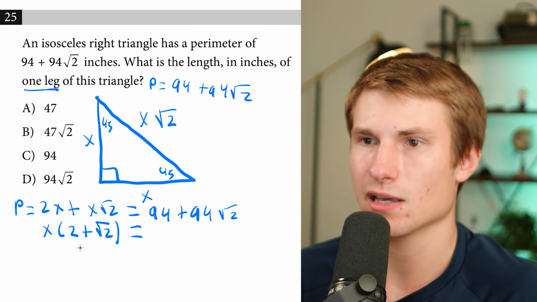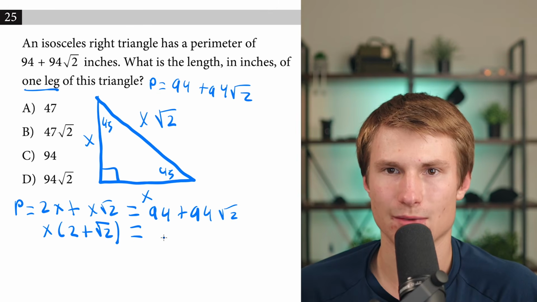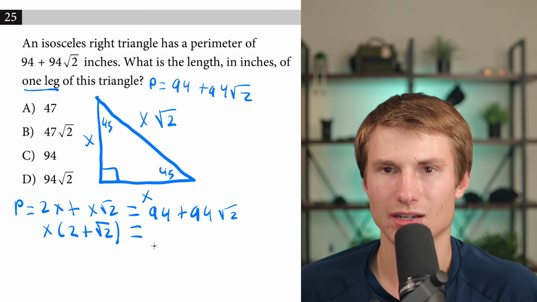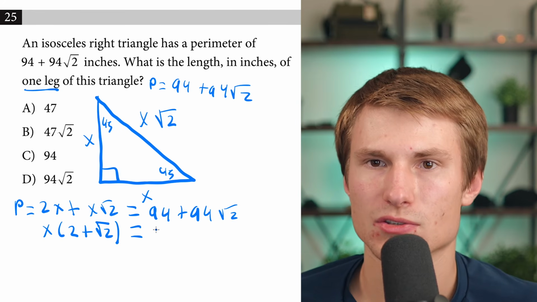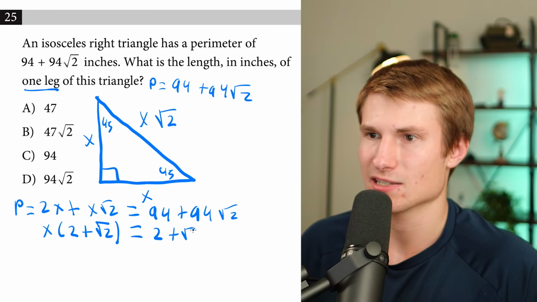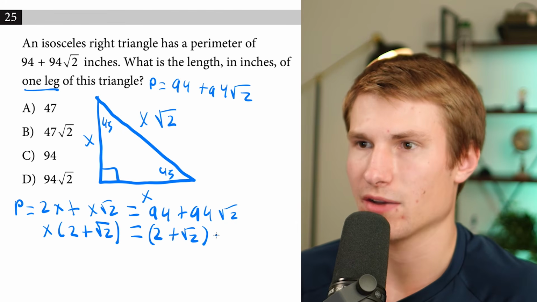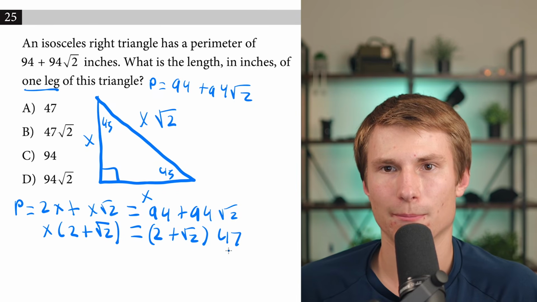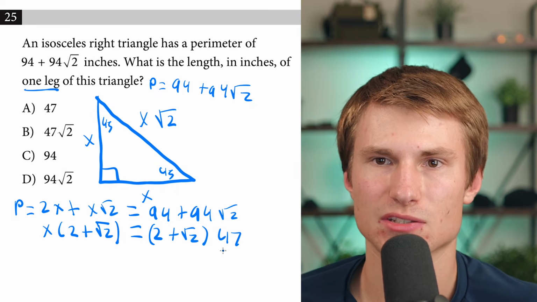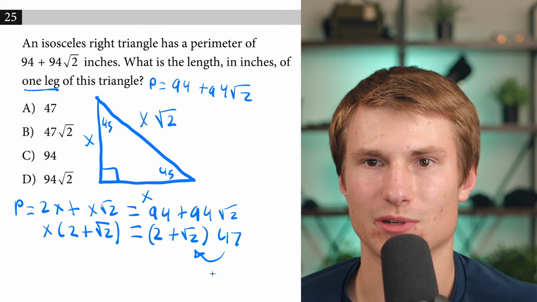Now, to isolate x, I'm going to see if I can get the same factor over here, because then I can just divide and it becomes really simple. So let's see if we can get that same factor of 2 plus root 2. To get 94, we'd have 47 times 2. Then to get this, though, would give us 47 root 2, which we know we can't have.